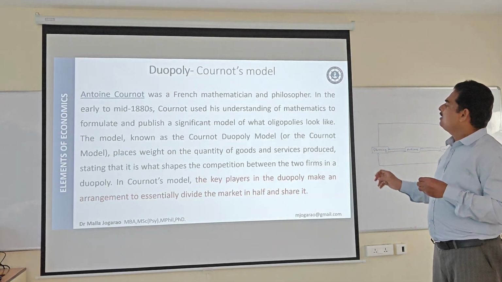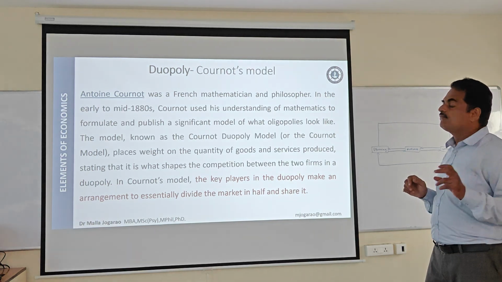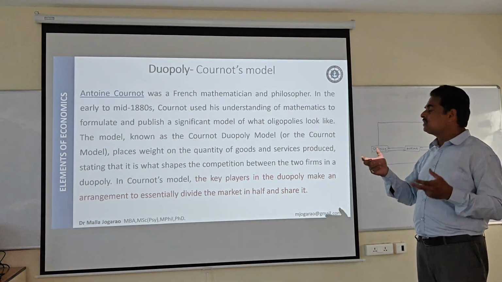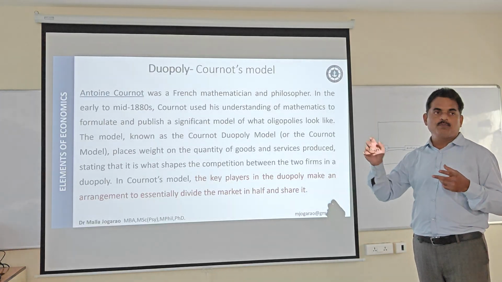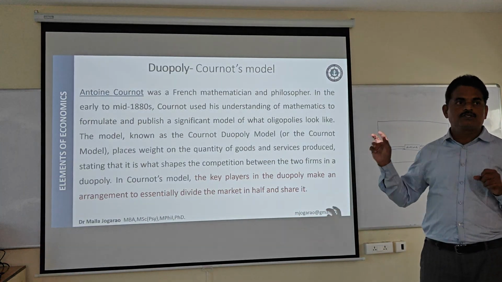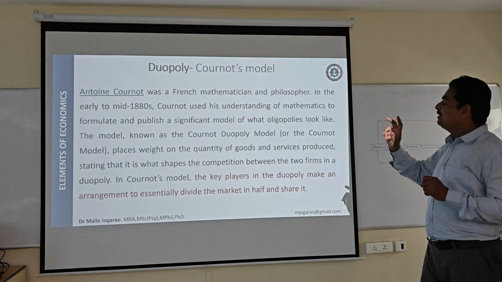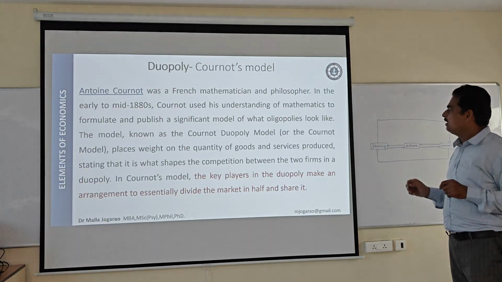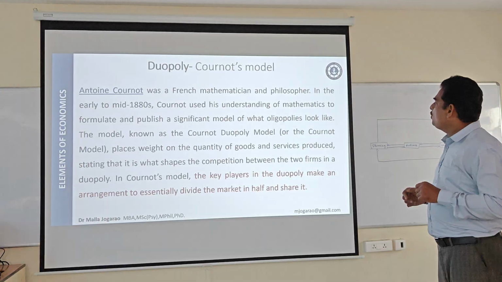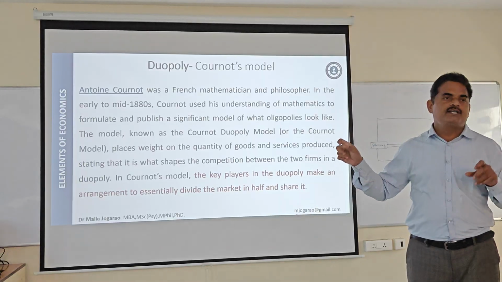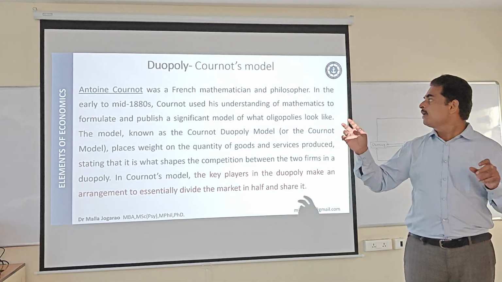In this model, he weighs the quantity of goods and services produced, which shapes the competition between the two firms in a duopoly. In this duopoly, the agreement is essentially to divide the market into halves. That is the main idea of the Cournot duopoly.